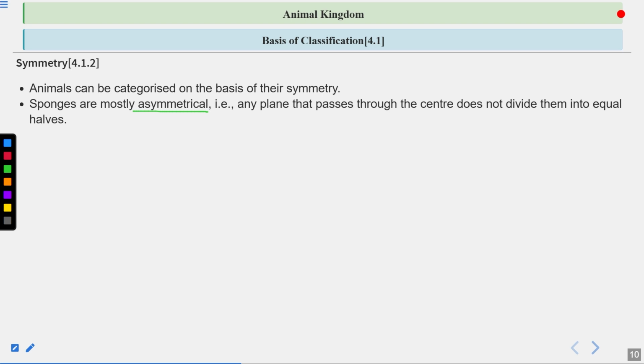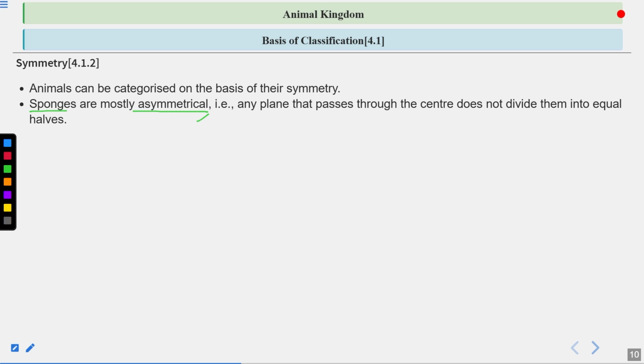If you divide the organism from a plane that passes through the central axis, it should divide the organism into two equal halves. But if it is not dividing the organism into two equal halves through any plane that passes through the center of the axis of the organism, then it is called asymmetrical.